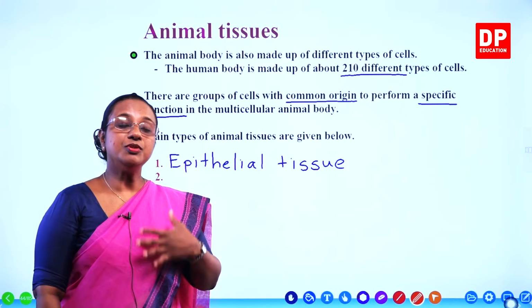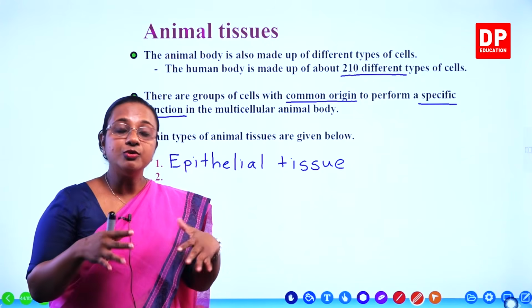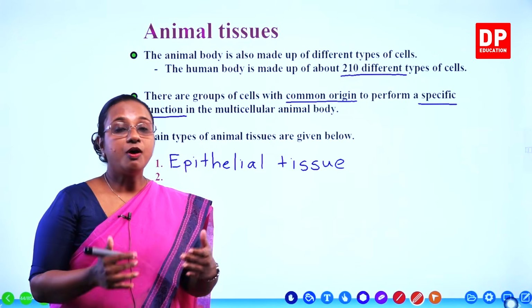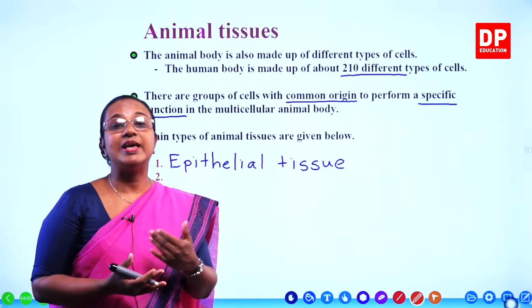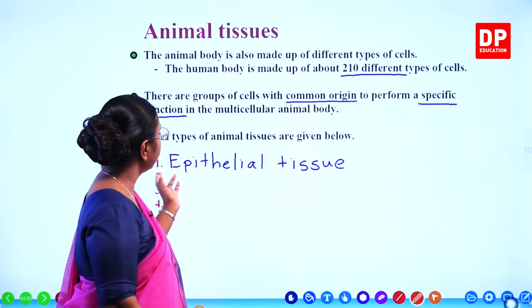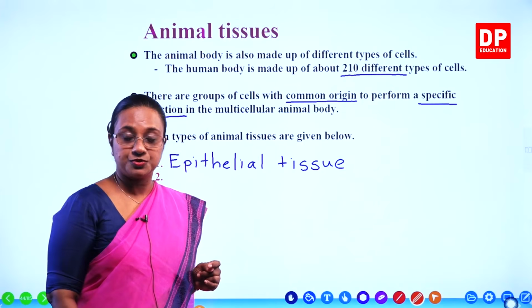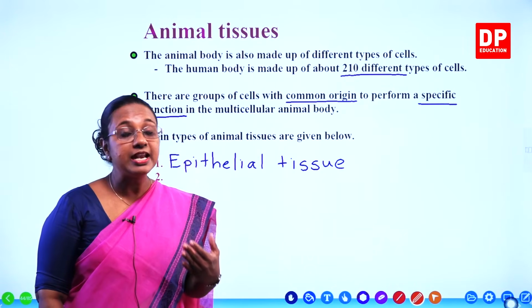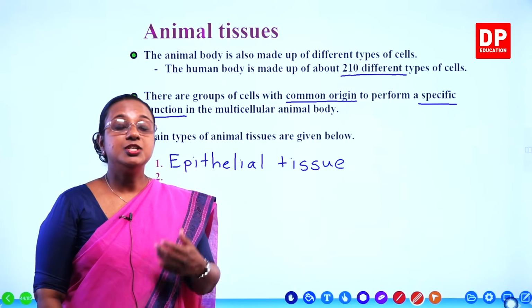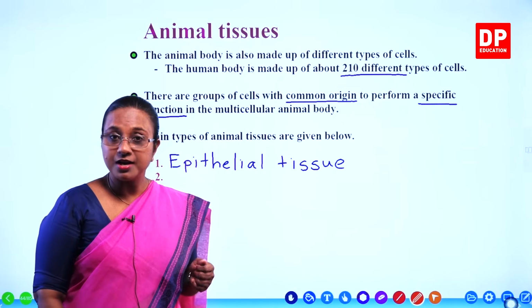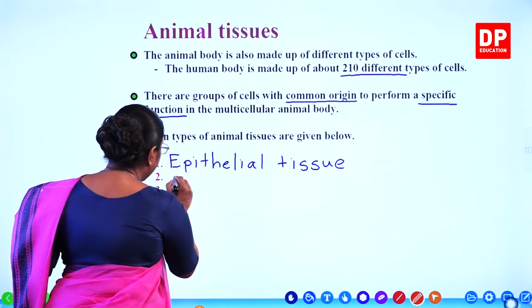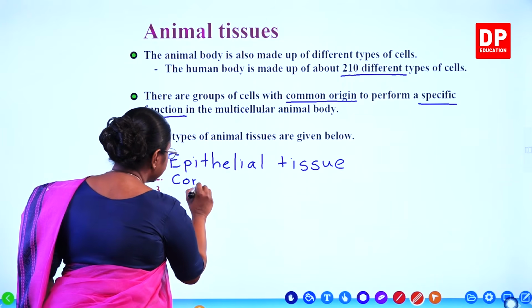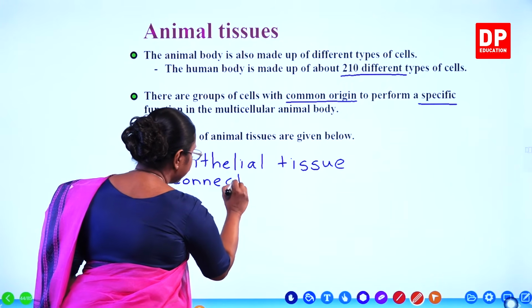So the tissue that covers the outer surfaces of the body as well as the organs are epithelial tissues. Then we have the different types of connective tissues, tissues that connect different parts of the body. So that is the second type, connective tissue.